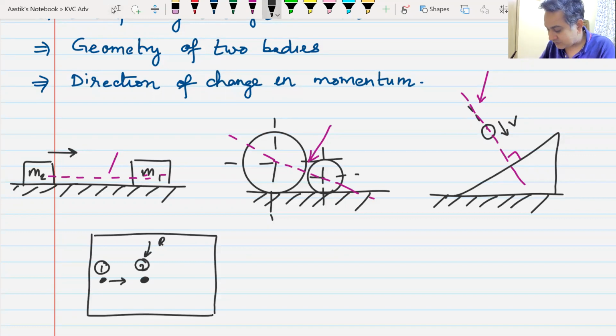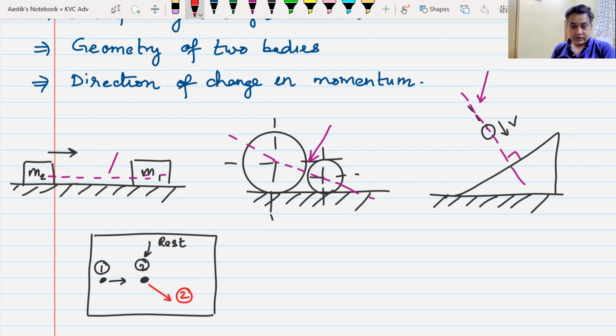Remember, ball 2 is at rest. Ball 1 hits ball 2. After collision, ball number 2 moves like this. Do you understand the scenario?